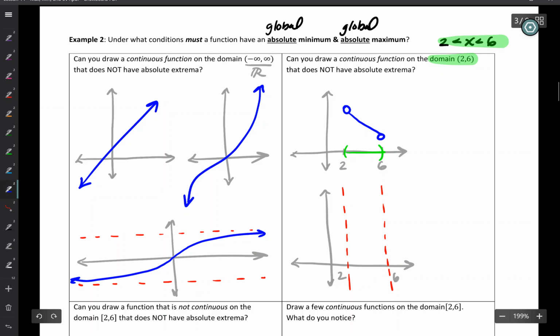There's lots of things you could have come up with. But that function doesn't have a biggest y value or a smallest y value, and it is continuous on its domain. Again, the domain right there being 2 to 6.